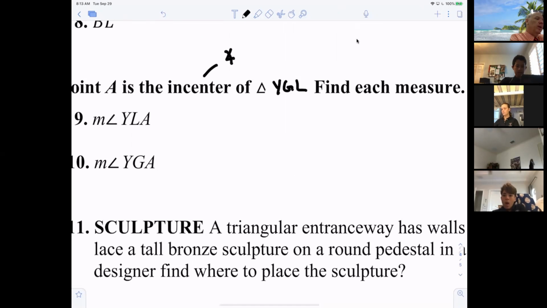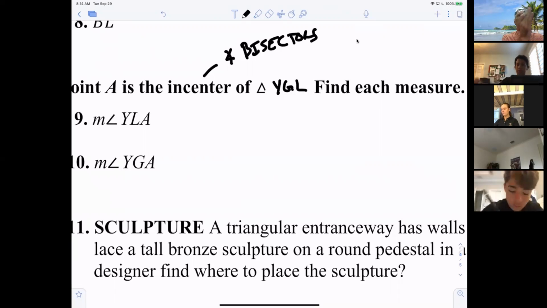I want everybody to make sure: angle bisectors. Please write that down if you didn't know that. When I say the in-center and you can't say it's from the angle bisectors, then you can't answer the questions. That's what the problem is. I tell kids every single year, if you don't understand what in-center, ortho center, median, circumcenter are, then you can't answer the questions. If you know that, then the questions are easy.